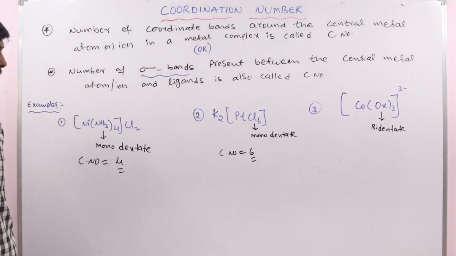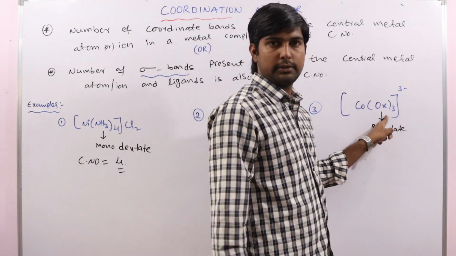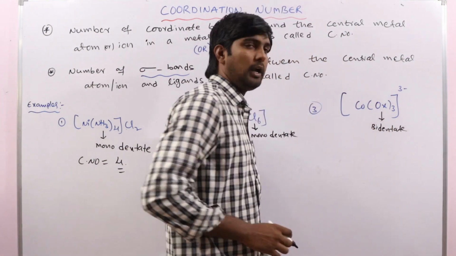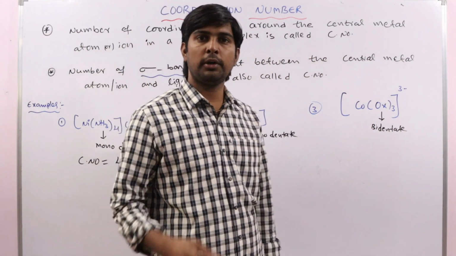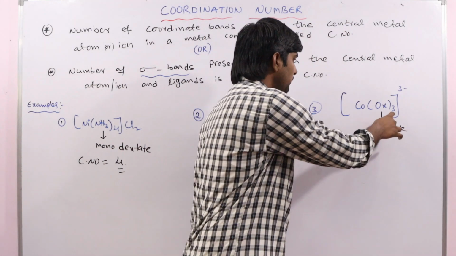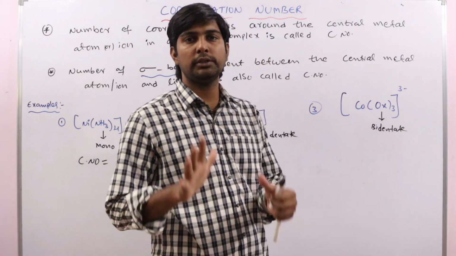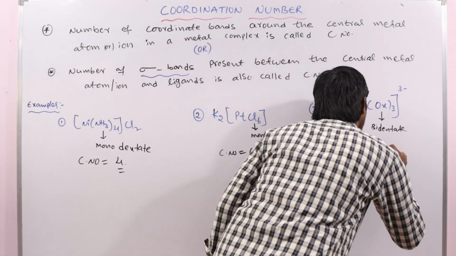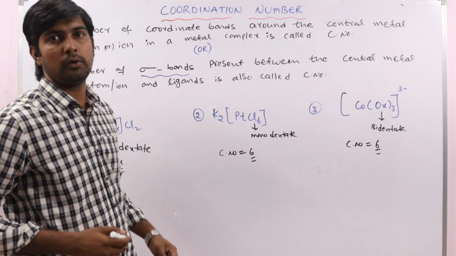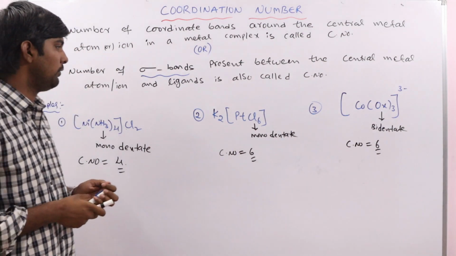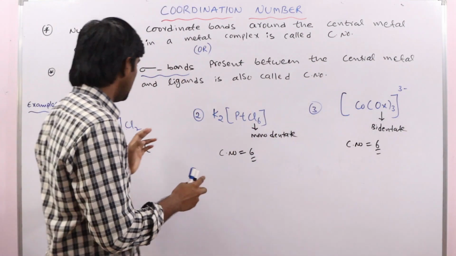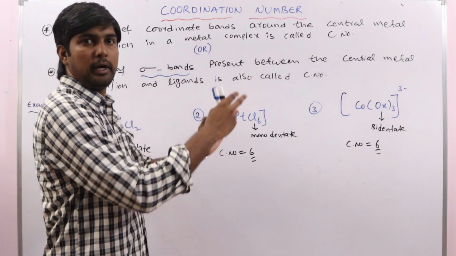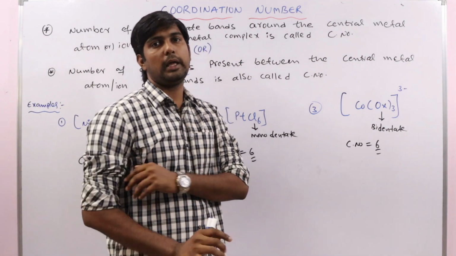So here the coordination number is 6. Now look at this complex. This is a bidentate ligand, meaning each oxalato can form 2 bonds. In total we have 3 ligands, 3 into 2, which is 6. So here the coordination number is equal to 6. Very, very important. You must be careful and observe whether the ligand is monodentate, bidentate, or tridentate, like that.